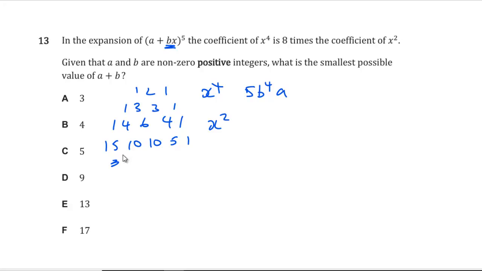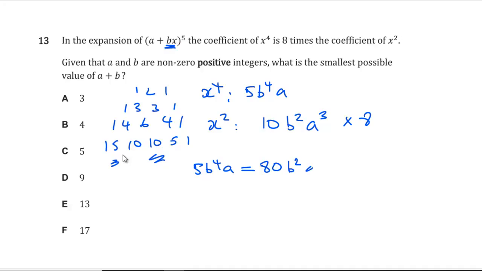And then for x squared, we're going to have a 10. And we've got a b squared and an a cubed. Okay, and the coefficient, this one is 8 times that one. So we multiply that by 8 and set them equal to each other. So 5b to the 4 a is 80 b squared a cubed.